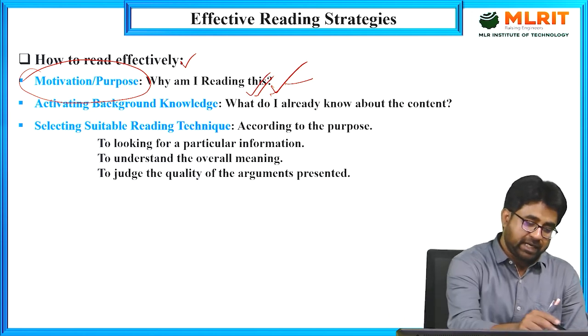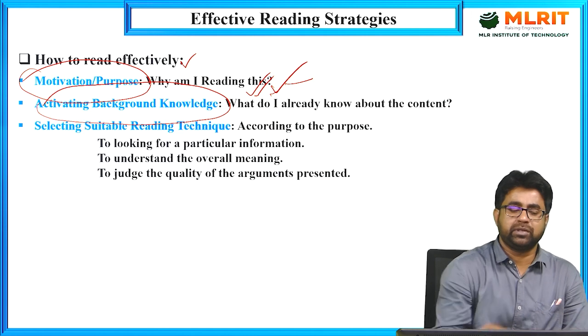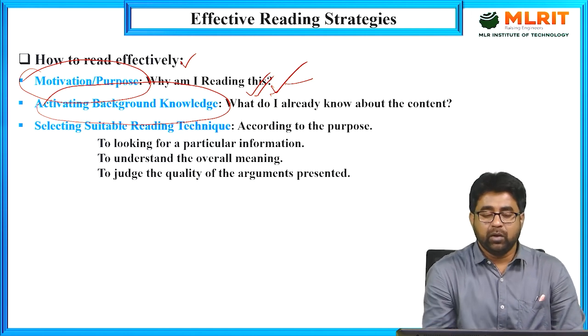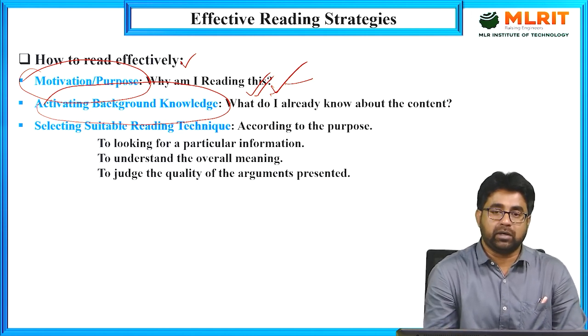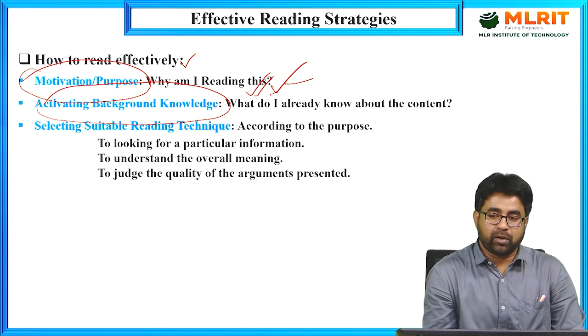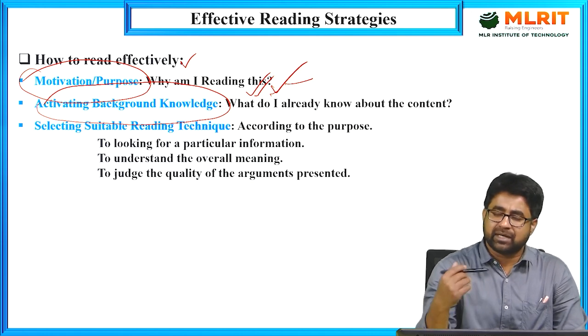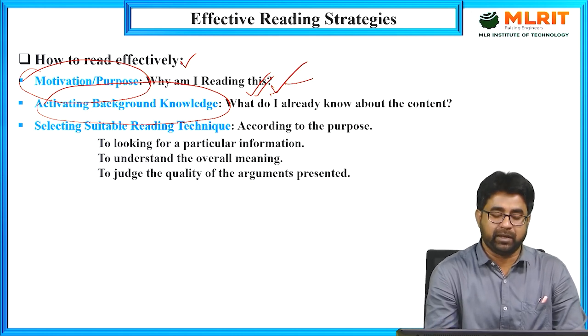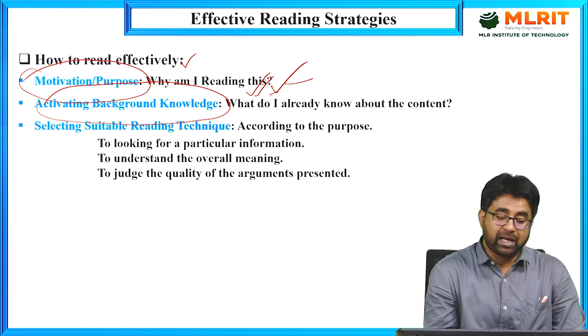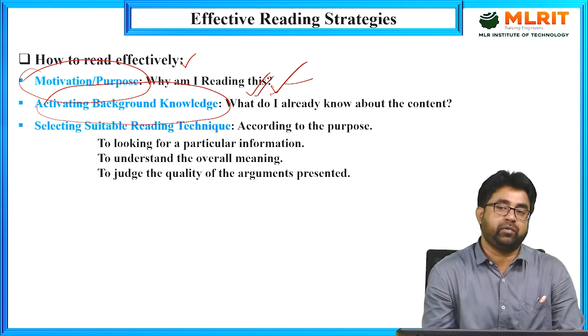Now, the second one is activating background knowledge. Once we get to know what we will read, we can also activate our background knowledge. If I am reading on a particular topic, I might already have a certain amount of information about it, right? So I need to activate that background information.